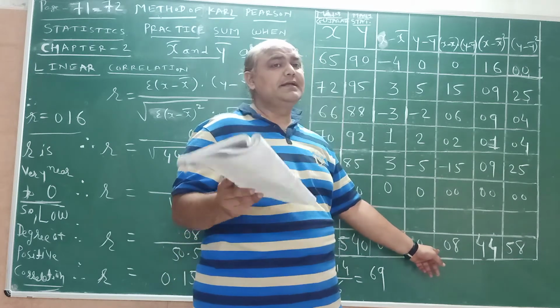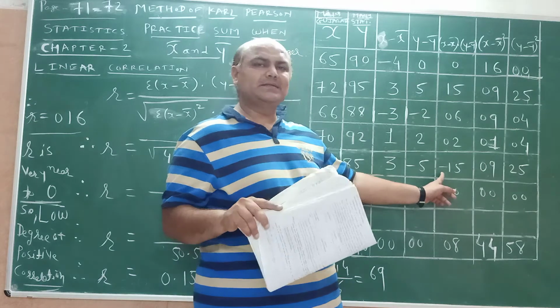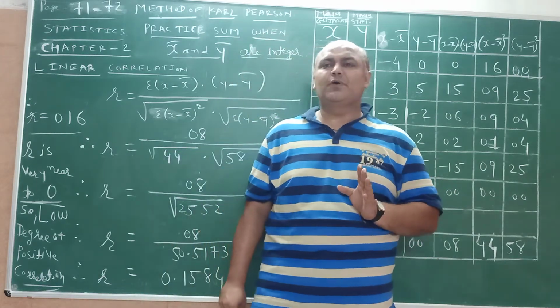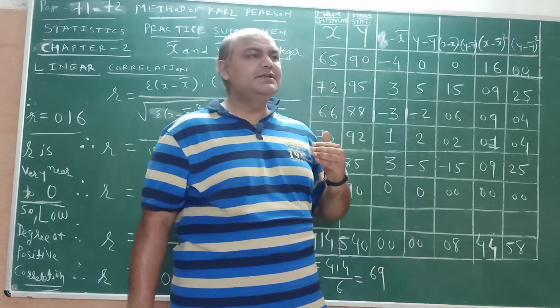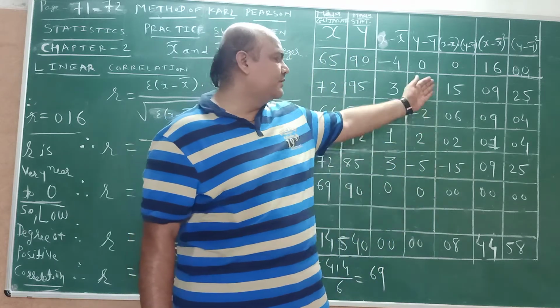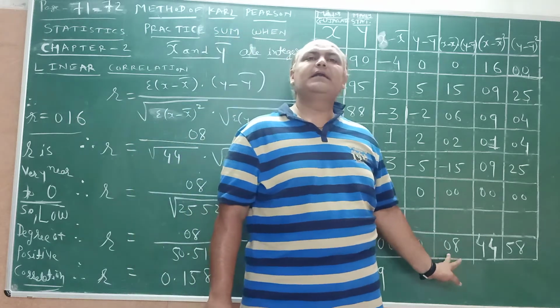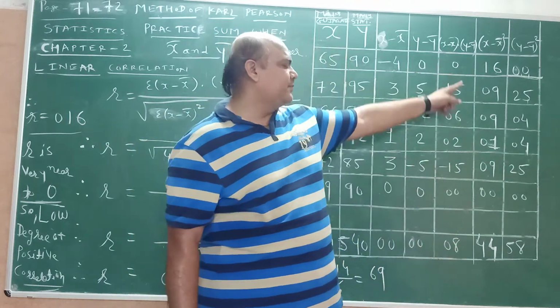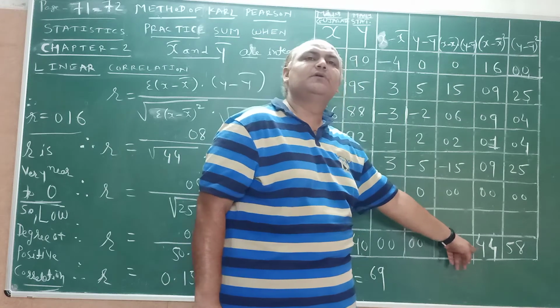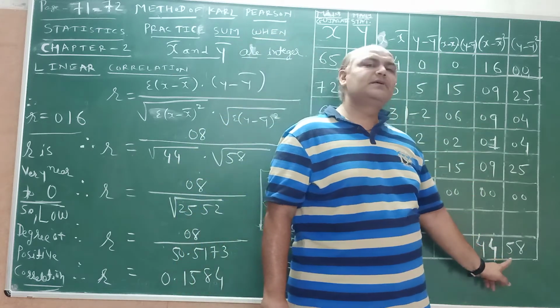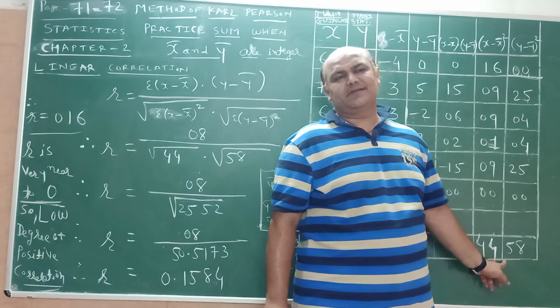Here 23 is plus and 15 is minus. As we all are aware, the sign of the bigger digit is always taken. So here the total of plus is more, so we take the answer as 8. Now x minus x bar square, the total is 44. Y minus y bar square, the total is 58.